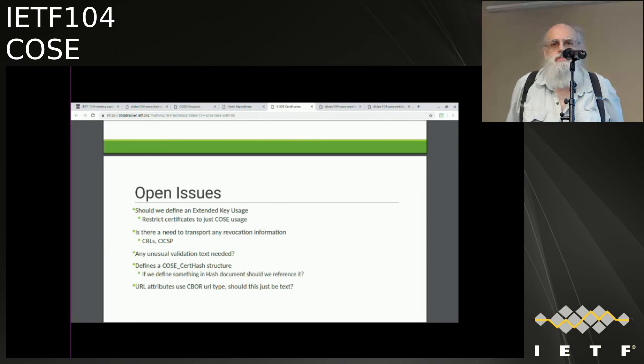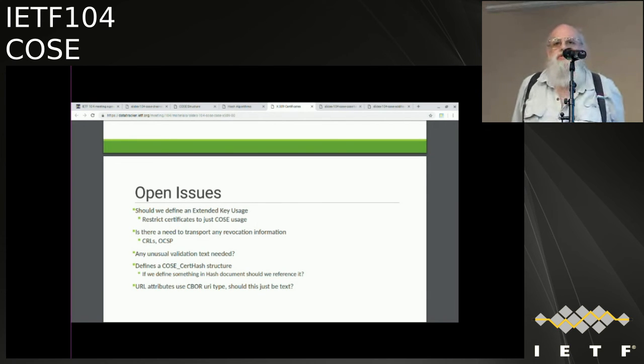And the way they did that was to say that if you had a certificate, the JWK representation of the public key must also be present.